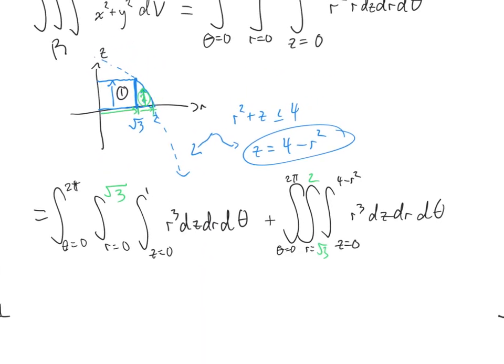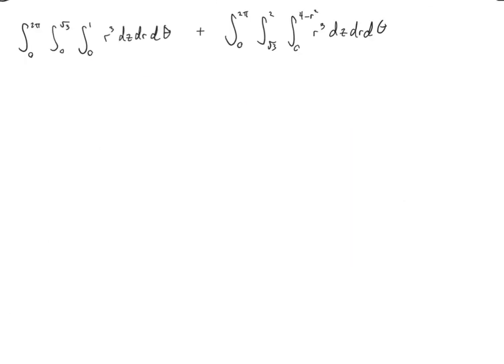I'm kind of out of space, so maybe I'll just go to another page. Okay, here are my integrals. Let's just treat this left one first. All the bounds here are constant, so I'm just going to integrate each of them separately. For theta, I get 2 pi minus 0, which is just 2 pi.